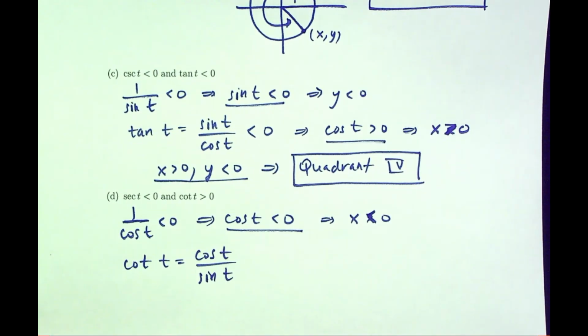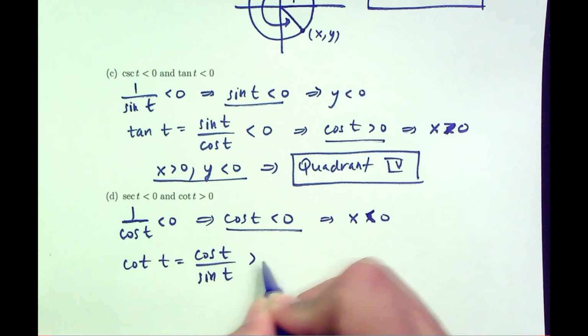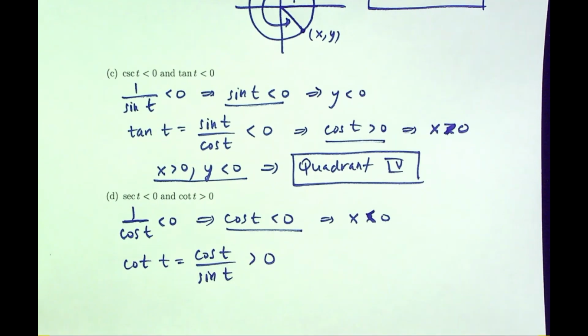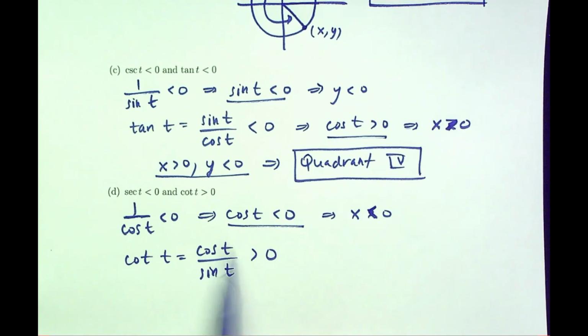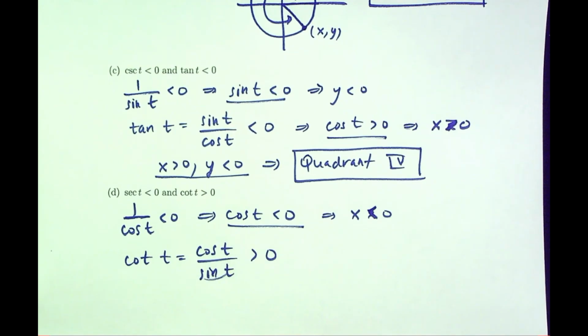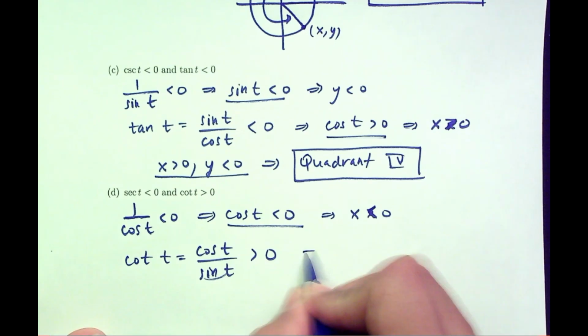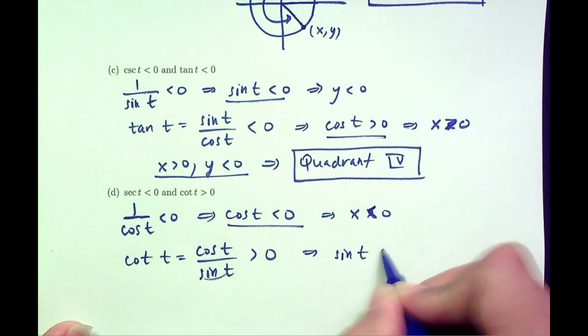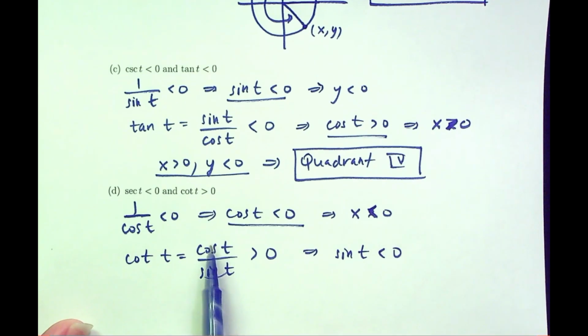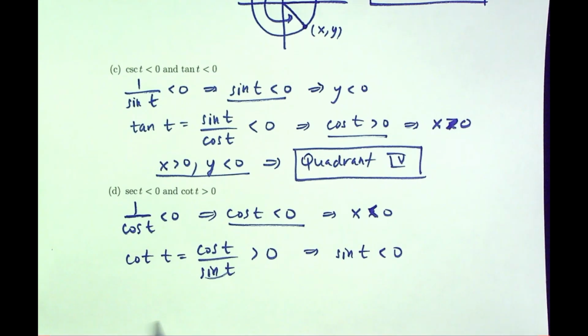All right, so then I know that the cotangent is positive. I know this fraction is positive. But I also know that the cosine is negative. So if the whole fraction is positive and the top is negative, the only way this whole thing is positive is if the bottom is also negative.